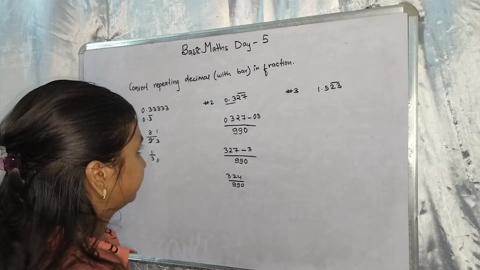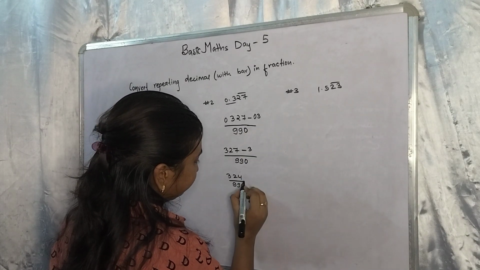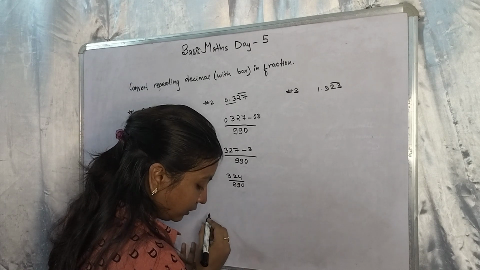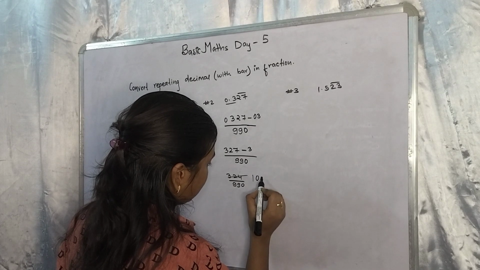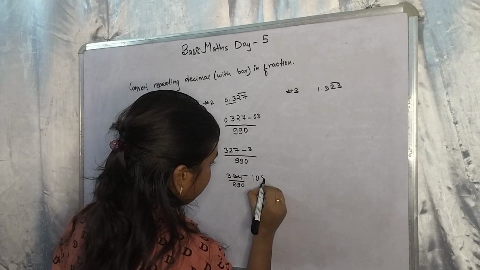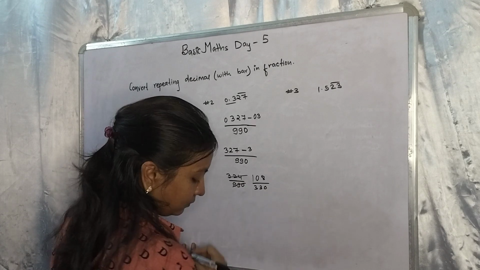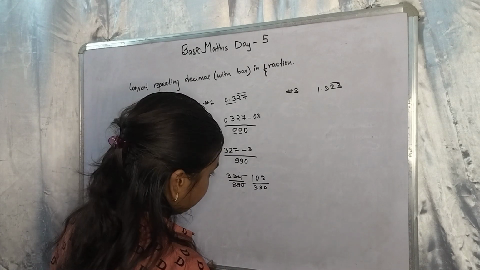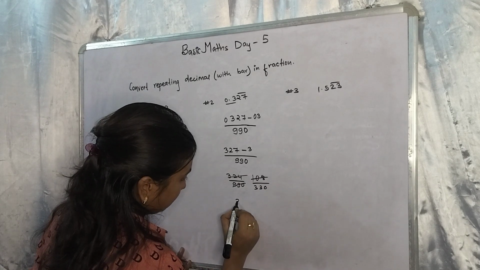Fine. Now when you simplify it, 3 ones are 3, 3 threes are 9, 3 eights are 24, 3 sixes are 18.